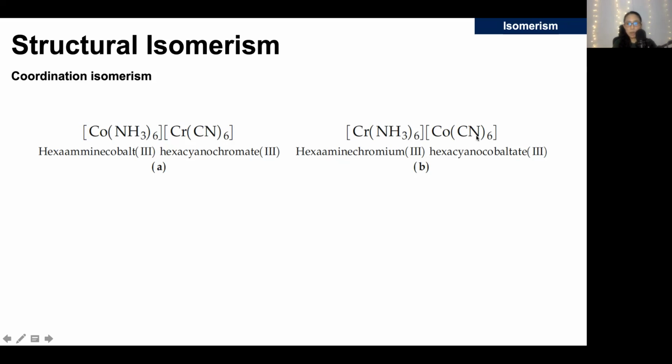But in its coordination isomer, it's the chromium metal to which your ammonia molecules are attached and your cyanide ligands are attached to the cobalt metal center. So these two compounds are coordination isomers.